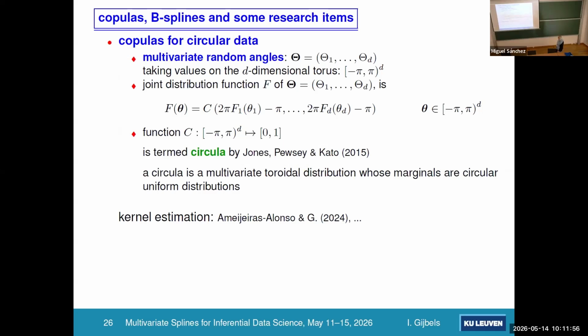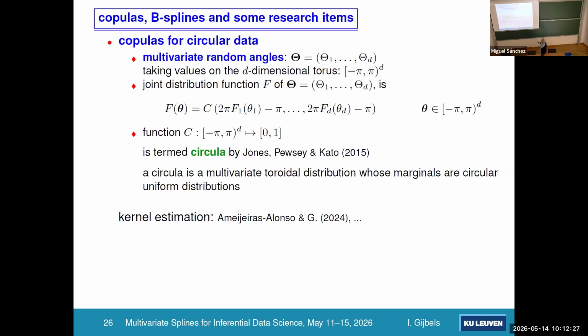Okay, because I just want to mention, there are many topics that I didn't touch upon, but I think for this audience, well, they changed in the course of the week. Why? Because Niba was giving a talk, 2 days ago, 1 day ago, talking about B-splines when you have data on the circle, right?